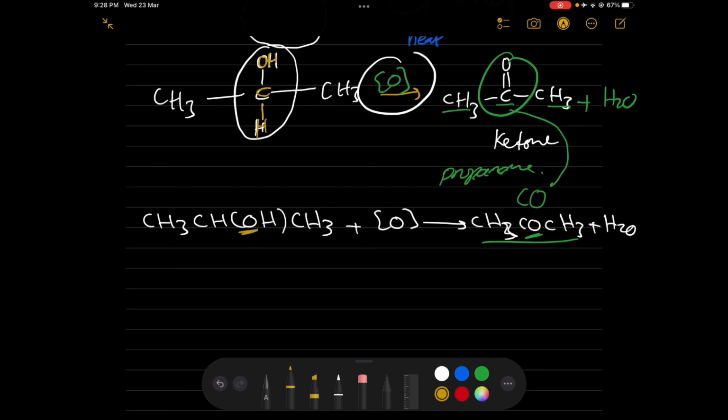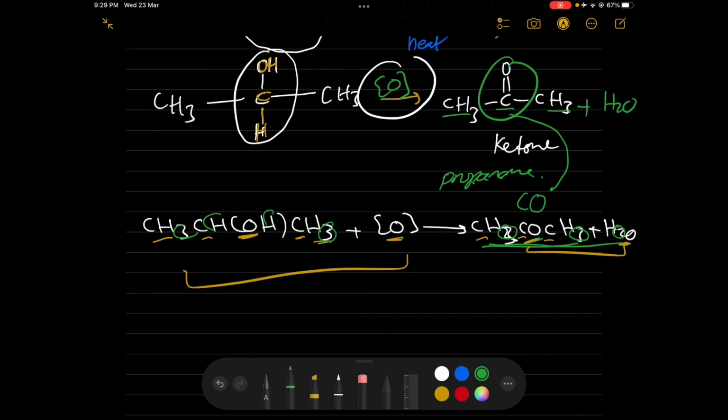Here we have 1 oxygen, and here we have 1 oxygen in the reactants, which is good. And here we have 1 oxygen in the products, which is the same. We have 3 carbons and 3 carbons, and 8 hydrogens and 8 hydrogens: 2 from here and 6 from here. Then this is balanced.